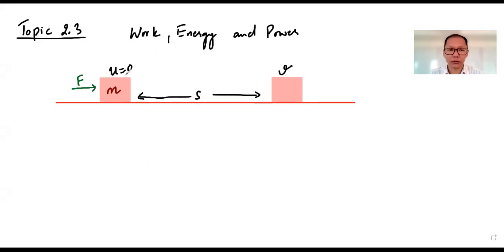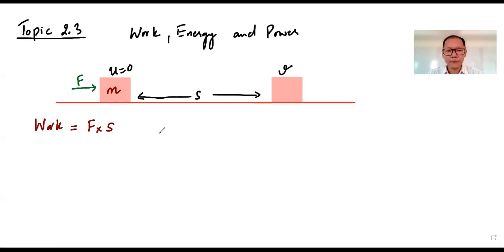The initial velocity is 0, and it covers a certain displacement s because of the application of force F, and finally it reaches the final velocity v. Okay, so in this case, we know that the work done here is very simple, right? It's force times the displacement. So that's how we define the work to be.